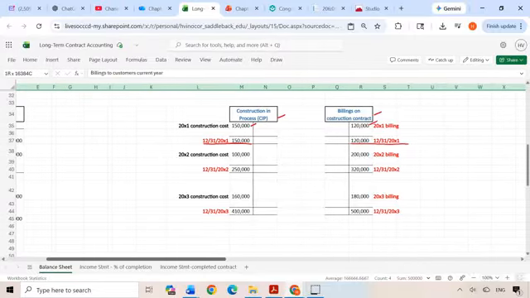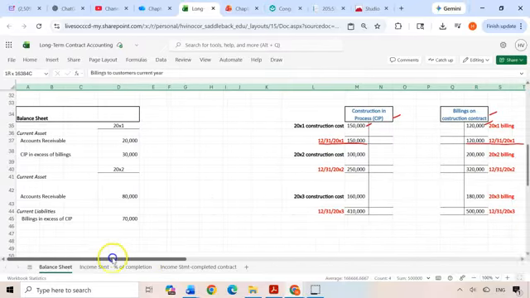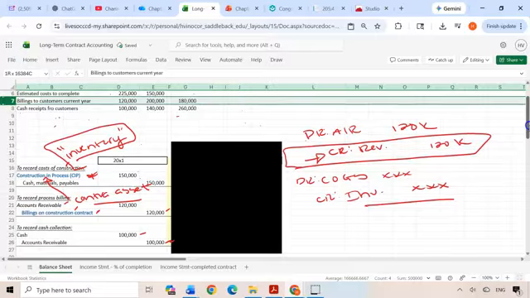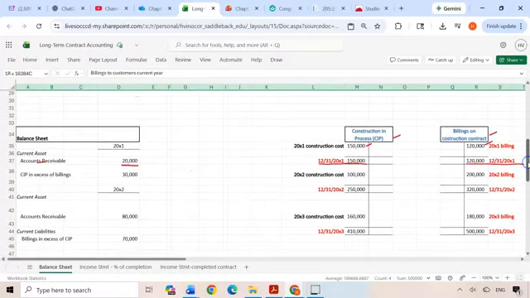And when we report that on the balance sheet, we're going to net those two items together. So for the balance sheet presentation, we're going to have a current asset, right? And we're going to have our accounts receivable. And remember, our accounts receivable is the ending balance at the end of the year. So we had a debit of $120,000 and a credit for $100,000, so our net is a net debit balance of $20,000.